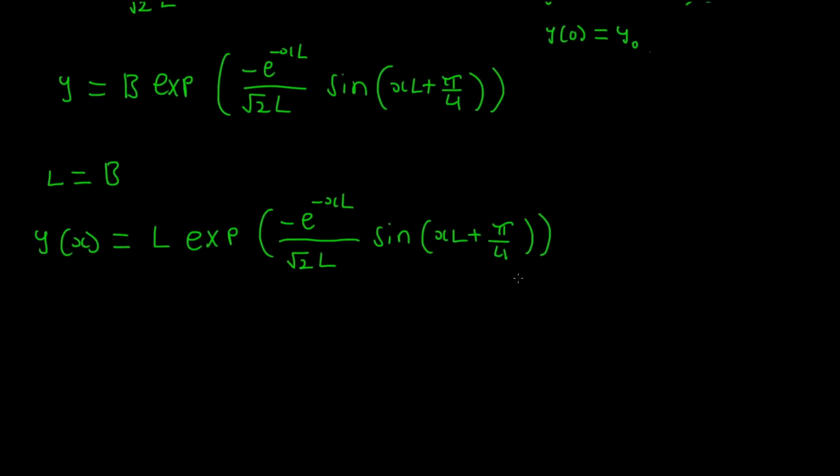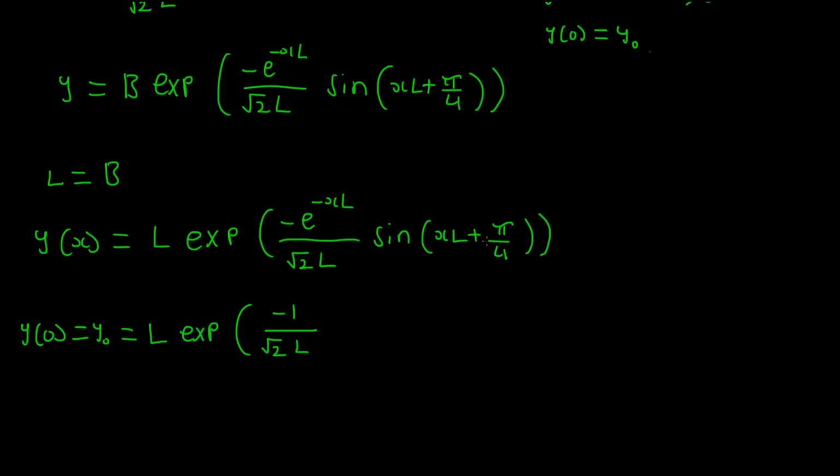Now we still have this other condition that y of 0 equals y naught. So if we plug in 0, we'll get y of 0 equals y naught. And now directly plugging 0 in here, we'll just have L times exponential of, well, here e to the 0 is 1, so we'll have minus 1 over the square root of 2 times L, and here sine of 0 L, so sine of 0 plus pi over 4.